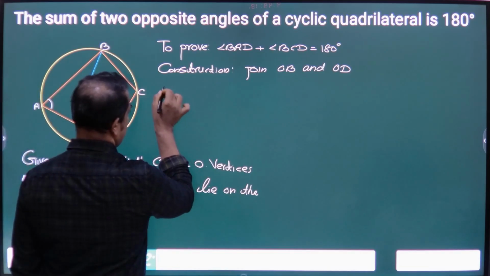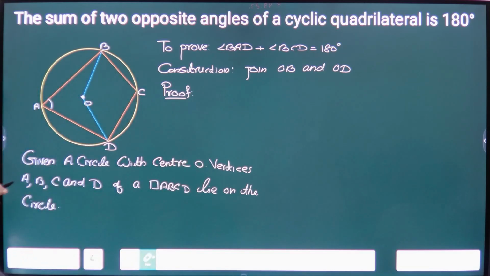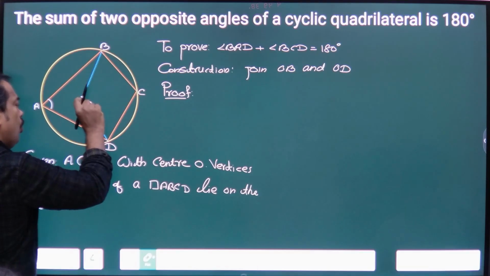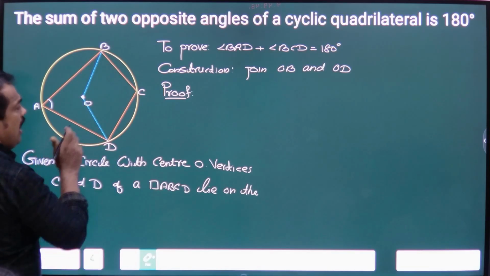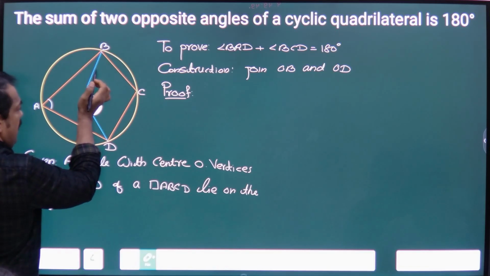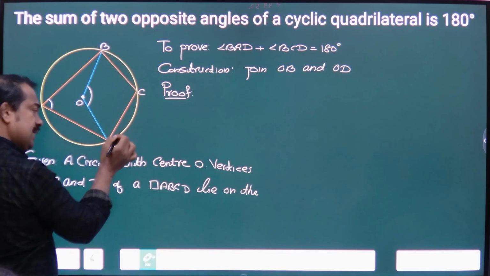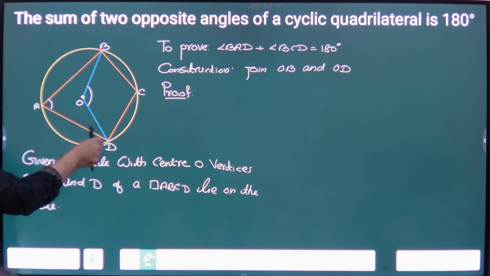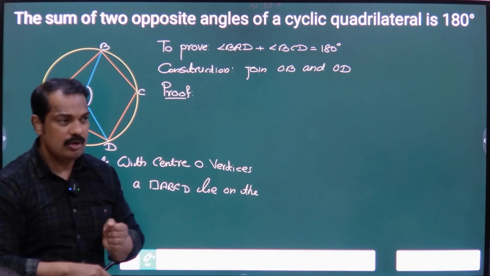Now proof. Listen. Angle BOD is the angle subtended by arc BCD at the center, and BAD is the angle subtended by the same arc, that is BCD, on the circle.